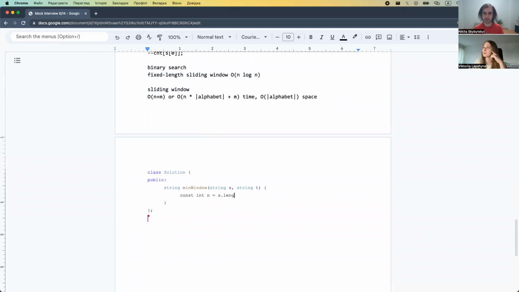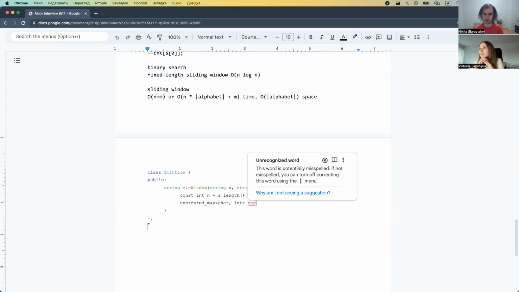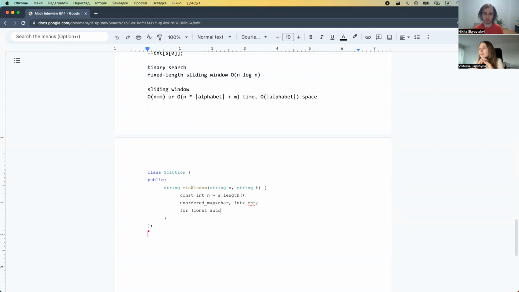So as I was saying, we want this lens probably. It will be difficult to live without it. We want a frequency table from characters to integers. It will be just c and t. Anyways, doesn't matter.